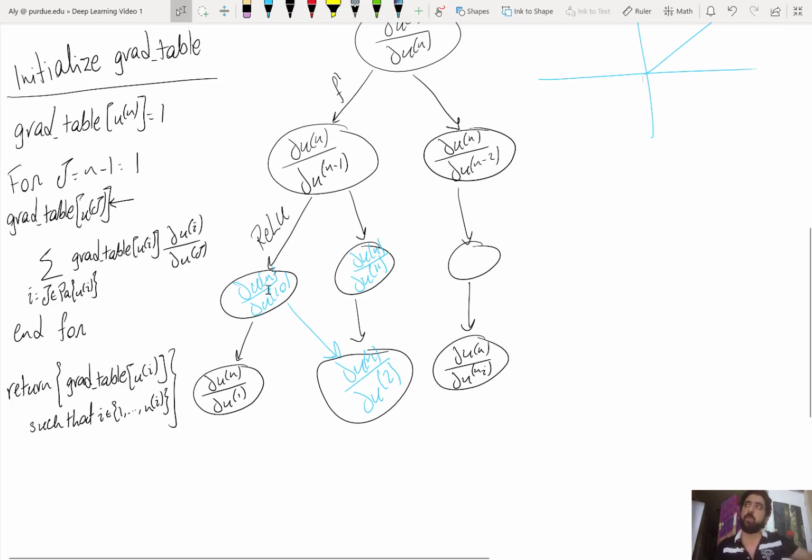And then as I go backward in the backpropagation graph, I have the value of the grad table times the value of the derivative along this edge. And then I sum. So to compute the grad table of u2, which is partial un, partial u2, I do that for u11 and I do that for u10, and then I add the corresponding values.